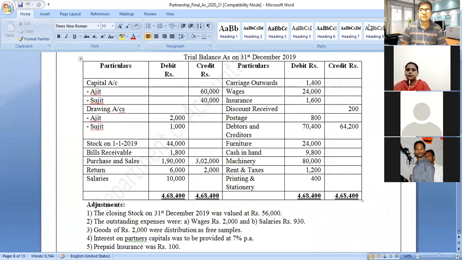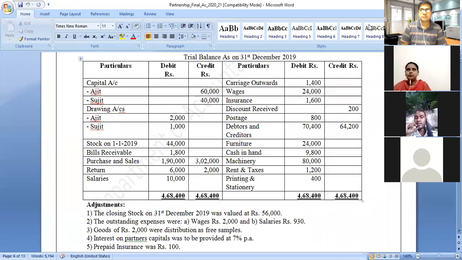Prepaid insurance is a profit and loss account entry. I want the two effects. Less prepaid from insurance, that is the first effect, and the second effect comes in assets as prepaid insurance.